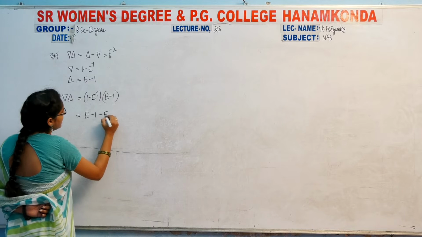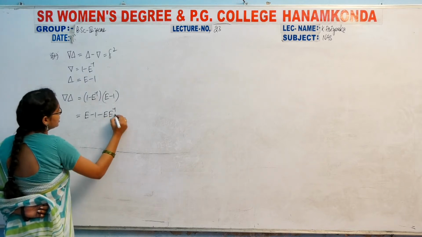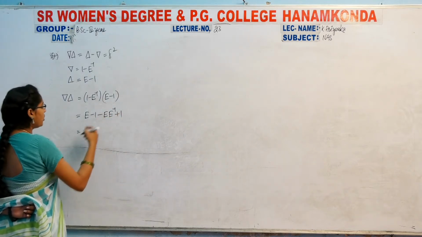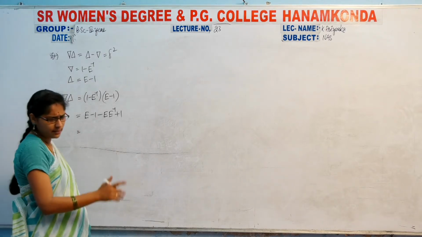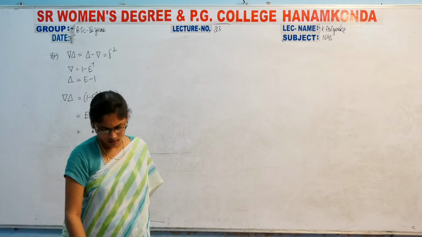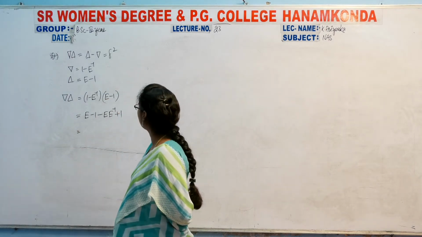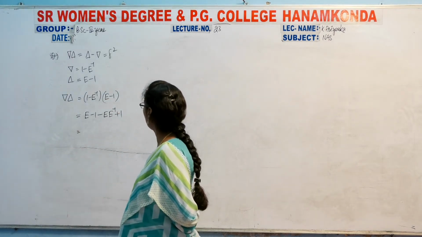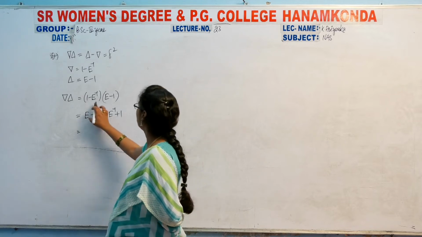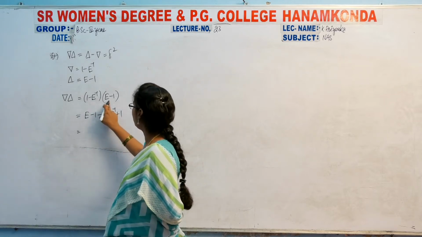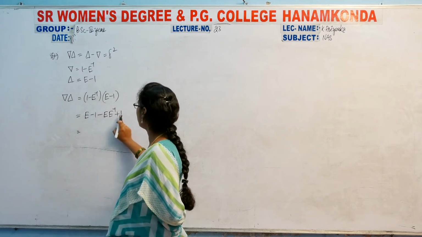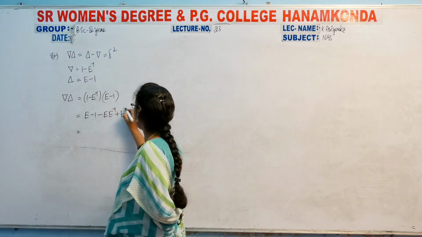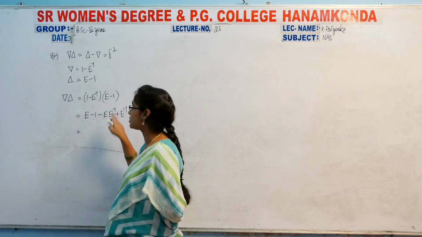Next, minus E into E inverse, minus into minus plus 1. Now both will be cancelled. So finally what will I get here? Minus 1 plus 1. Sorry. E minus 1. 1 into E minus 1. Okay, minus this one, minus into minus plus E inverse, because E inverse into this one.